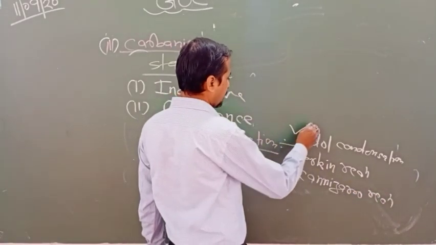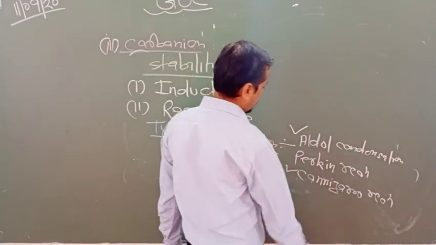So here you have to know basically aldol condensation and Cannizzaro reaction, which are most important.